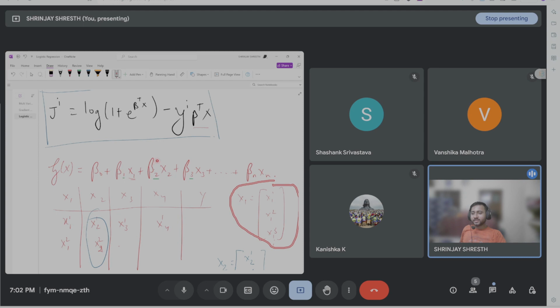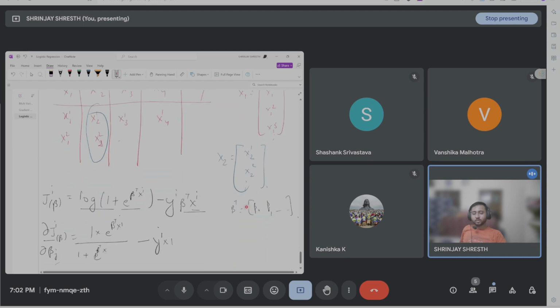But if you differentiate with respect to, let's say, beta 2, you have only x2 as your coefficient, and x2 is what? This thing. Okay? So let me erase this one. The 1 is of no use, it is understood. So it would be something like the ith value corresponding to the jth column, like here. Okay? We are doing it for only one value right now; for the entire data we will take the summation over the different values.